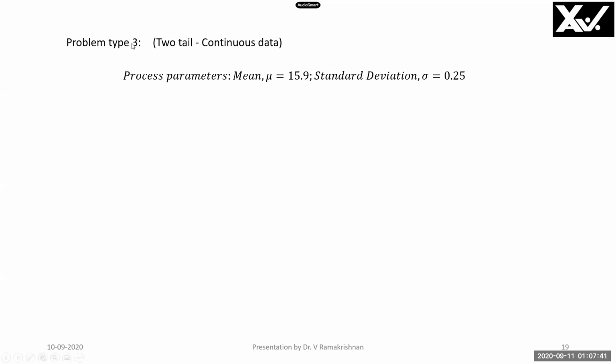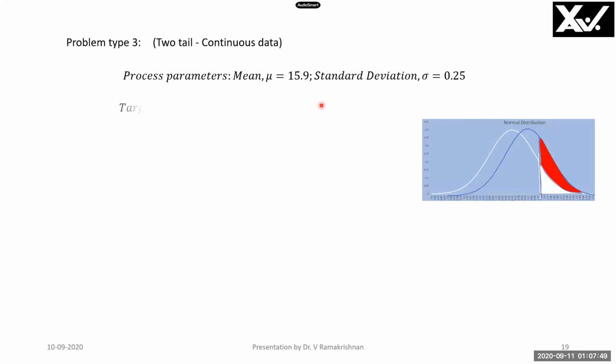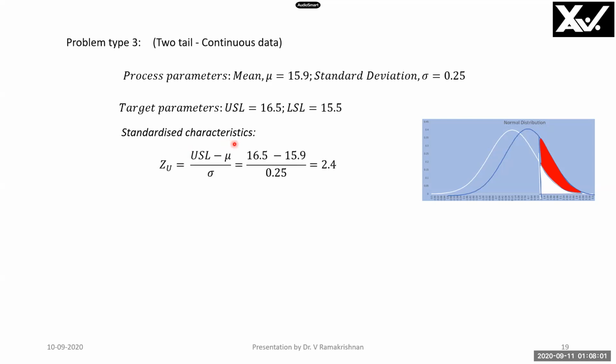So process parameters: mean is 15.9, standard deviation is 0.25. This is about the process. Then target parameters: upper specification limit is given here, lower specification limit also is given here. So the dimension should be within these two, right? Now what we'll do is find the standardized characteristics for the standard distribution.